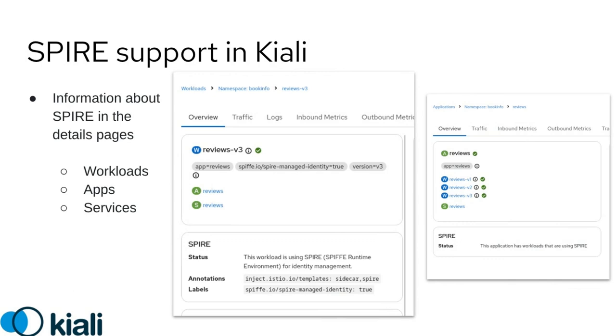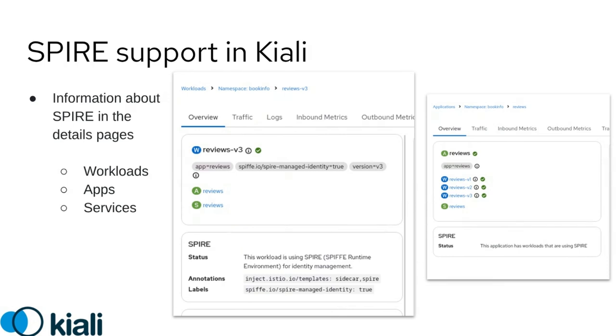And yeah, the next feature is the SPIRE support in Kiali. To put you a bit in context, SPIRE is a SPIFFE implementation that issues and manages cryptographic identities for services in a network. And Istio uses SPIFFE IDs by itself, and this information can be seen already in the Kiali traffic graph.